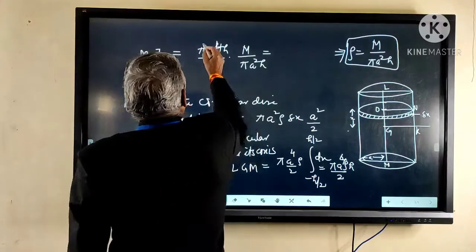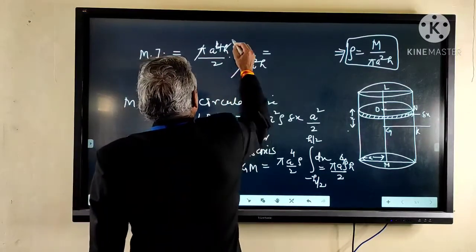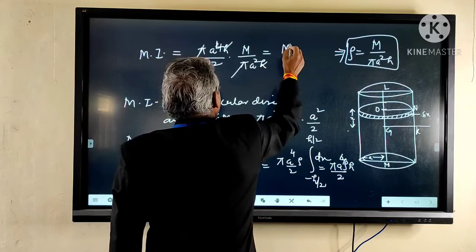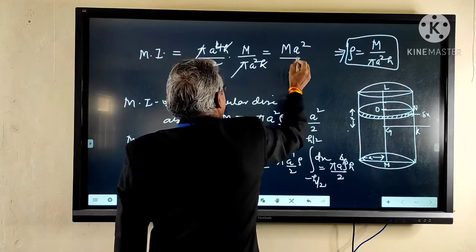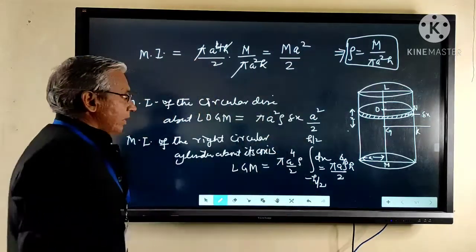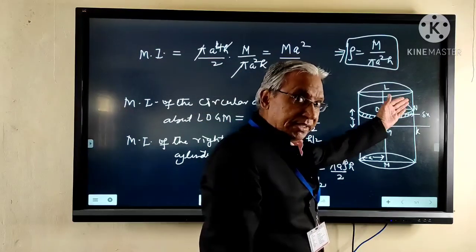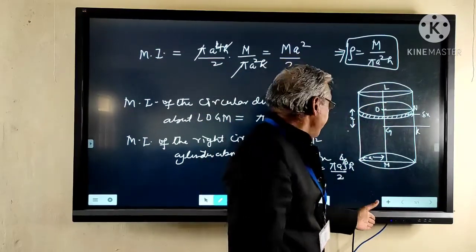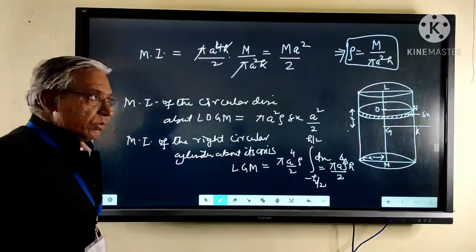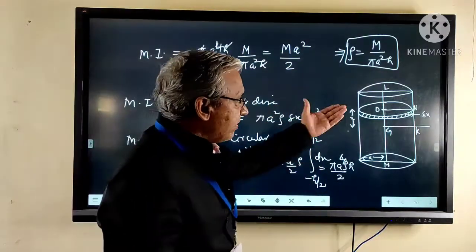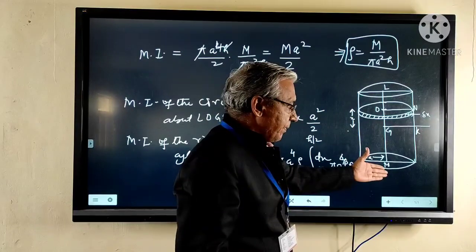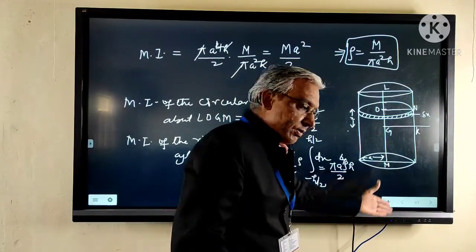Pi cancels out, h also cancels out. Finally, it is m a square by 2. So therefore, the moment of inertia of a right circular cylinder about its axis is m a square by 2, where m is the mass of the right circular cylinder and a is the radius of its base.